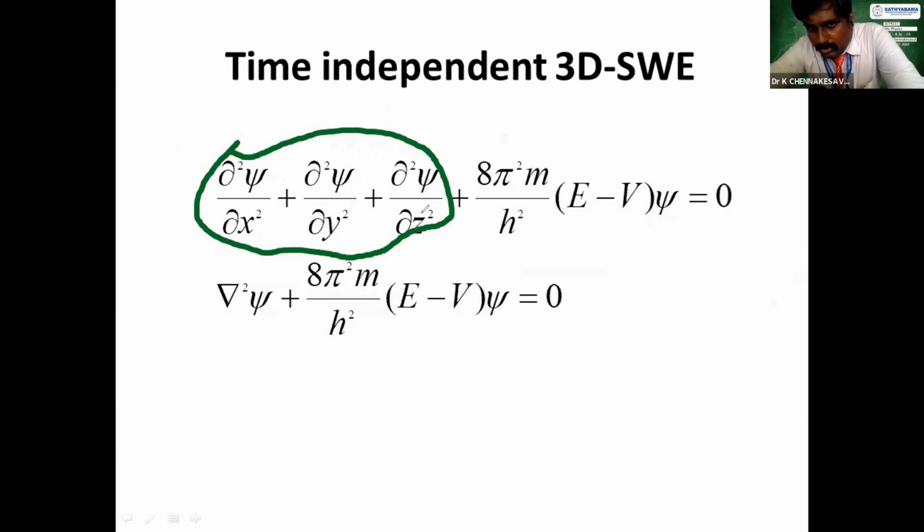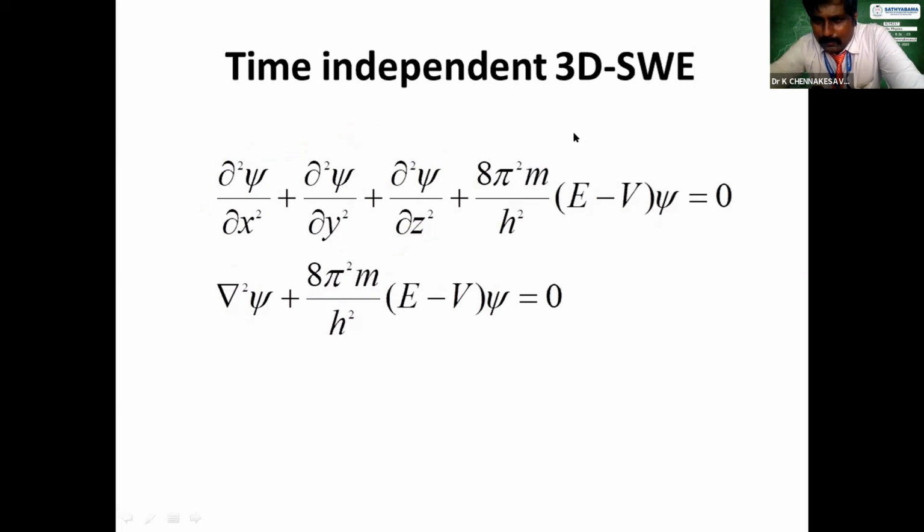Instead of that, we are writing del square psi plus 8 pi square m by h square into E minus V into psi equal to 0. We are sending the V term to that side, otherwise we have a negative term.